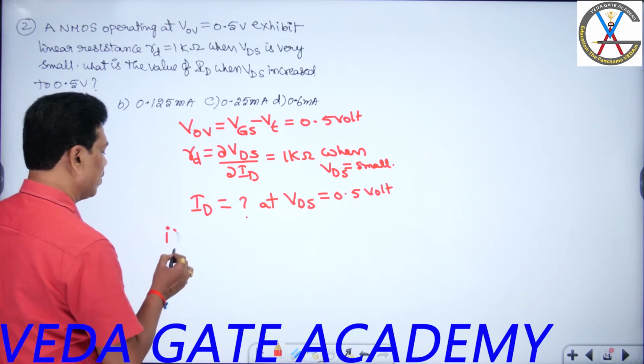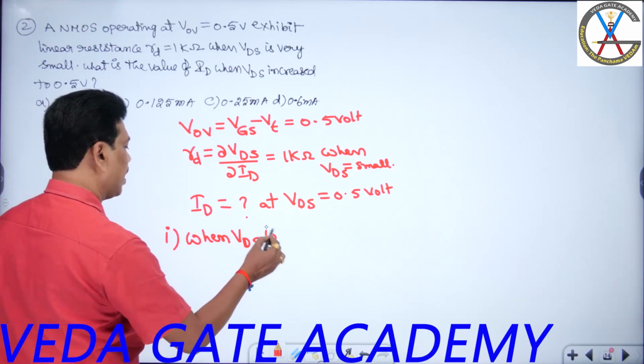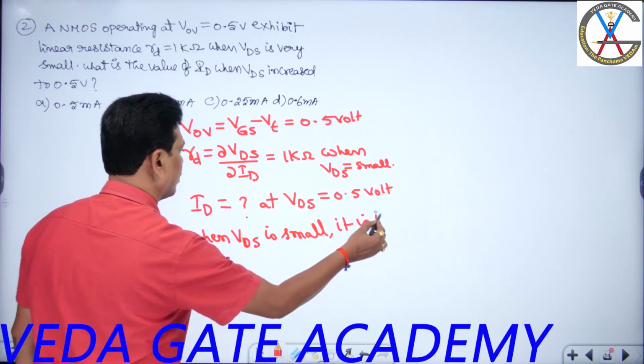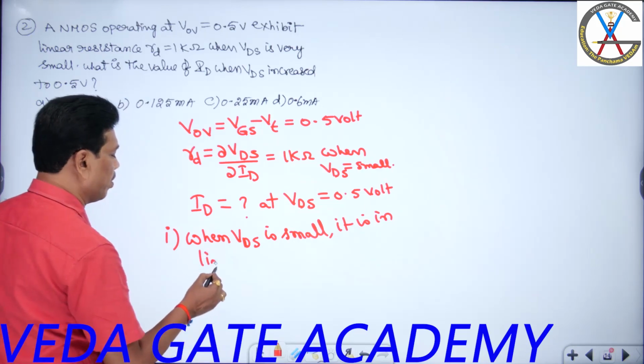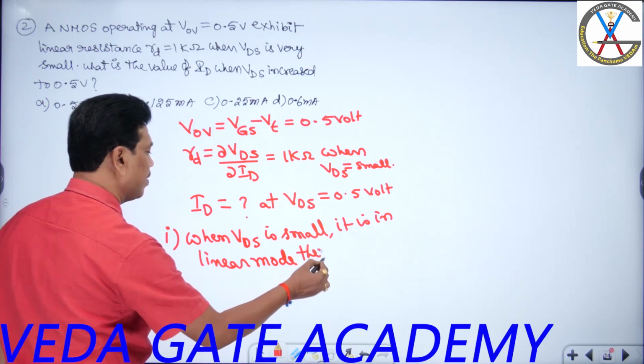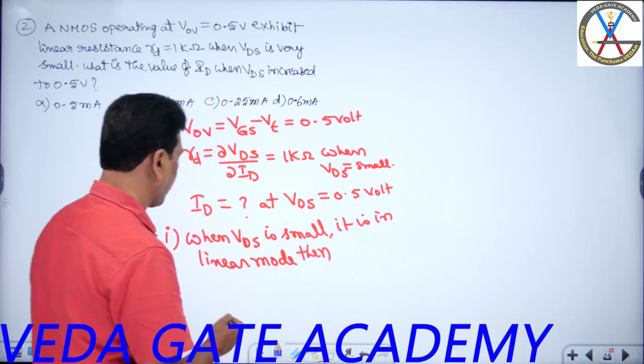Check my option. Step 1, I go, sir. When VDS is small, it is in linear mode. Then what is the equation of drain current there? The equation of drain current is like this, sir.